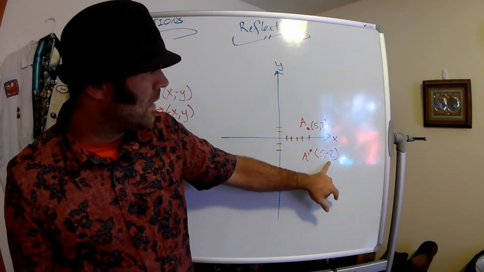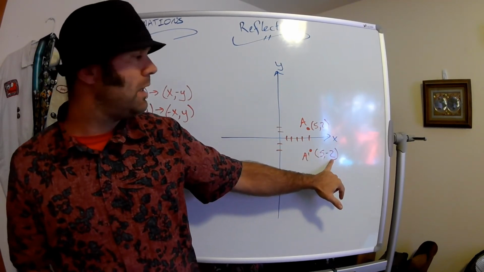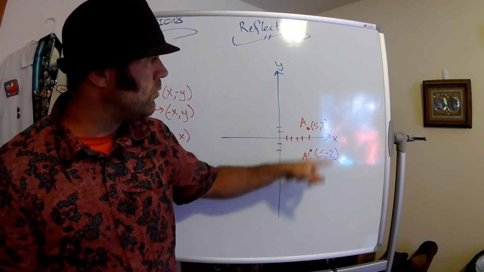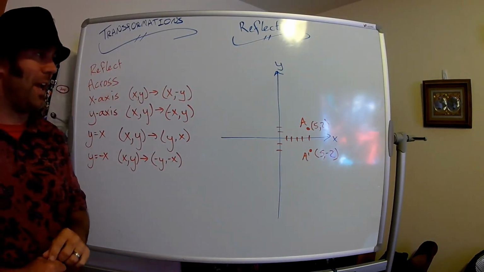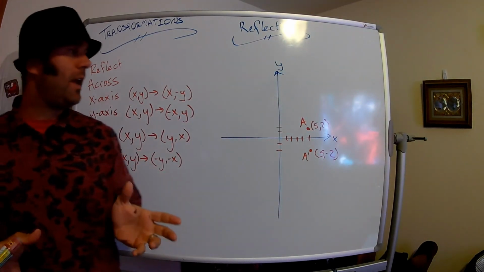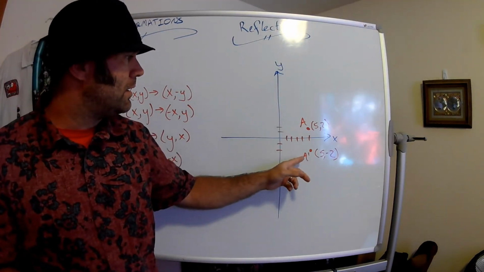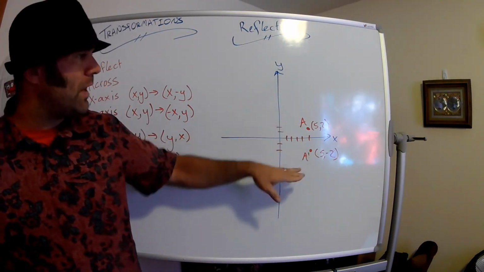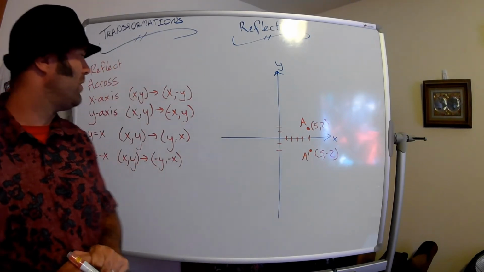So a negative 2 would be a positive 2, and a positive 2 would be a negative 2. So we would be switching back and forth. So that's reflecting across the x-axis. And we could pick any point on here. A was just a simple point that I've chosen, and to go from A to A prime, we're just reflecting across the x-axis. The y value changed sign.